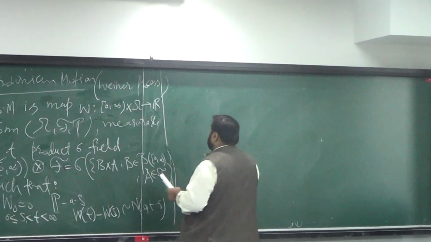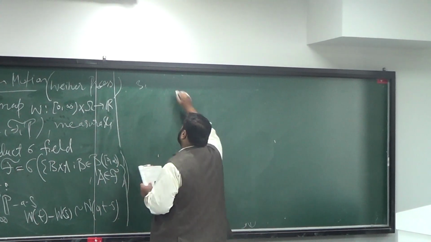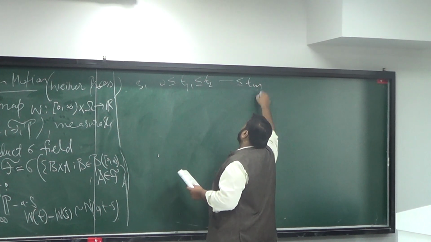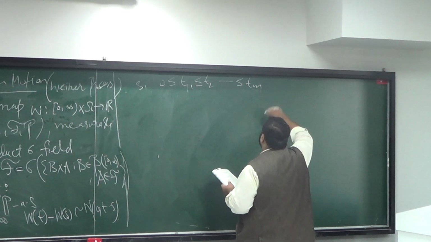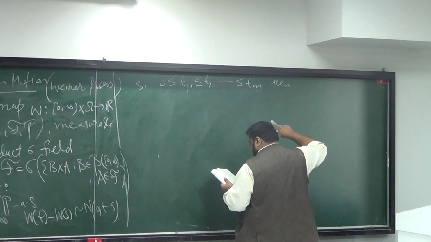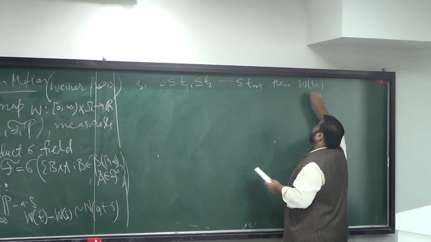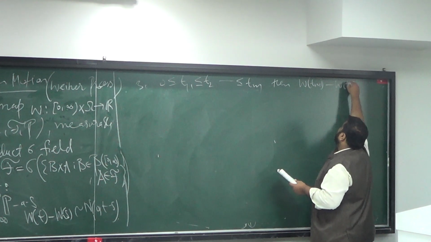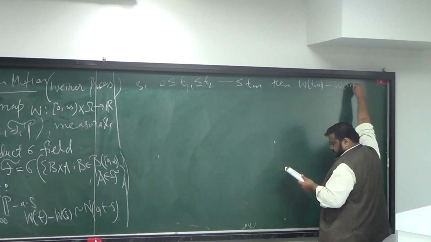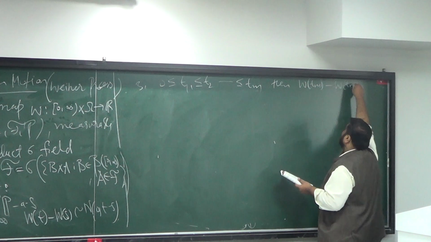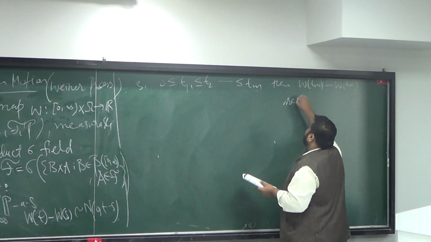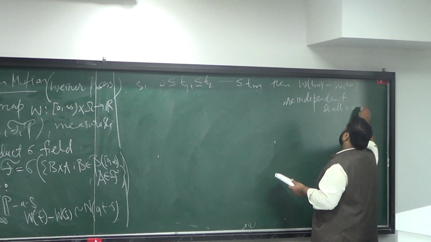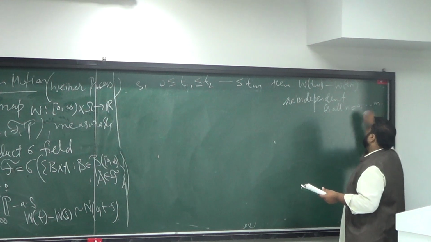And the third property is that if you take a finite number of instants, for example 0 less than or equal to t1 less than or equal to t2 less than or equal to tm, then all of the increments W_{t_{n+1}} minus W_{t_n} are independent, for all n equal to 0 up to m.